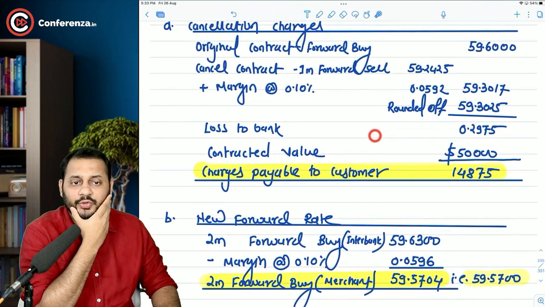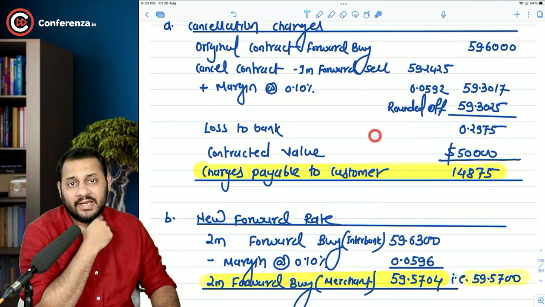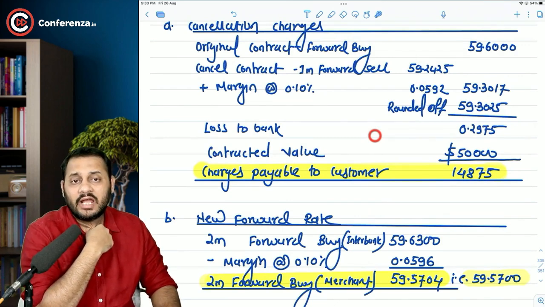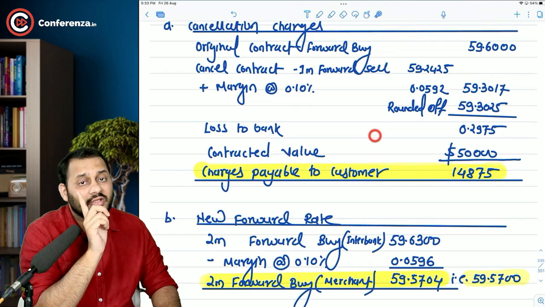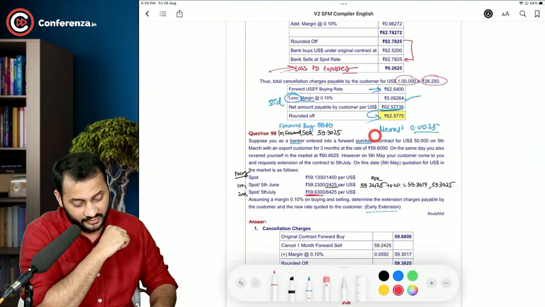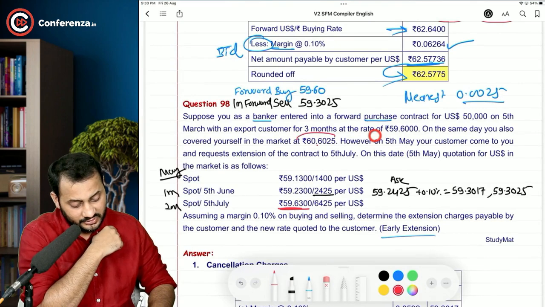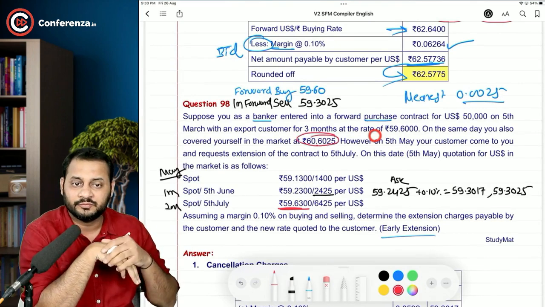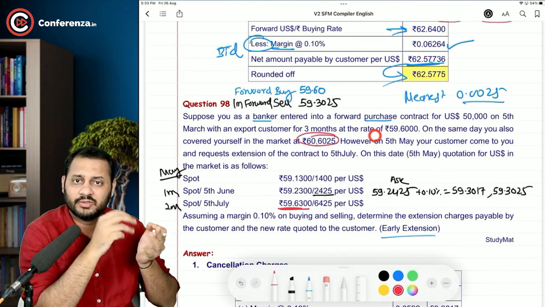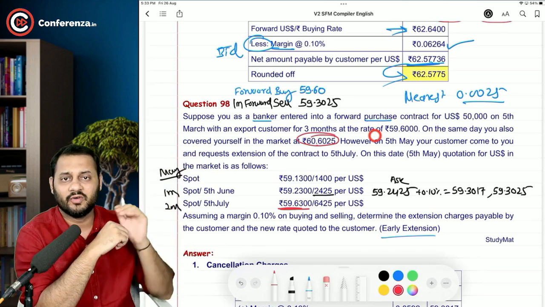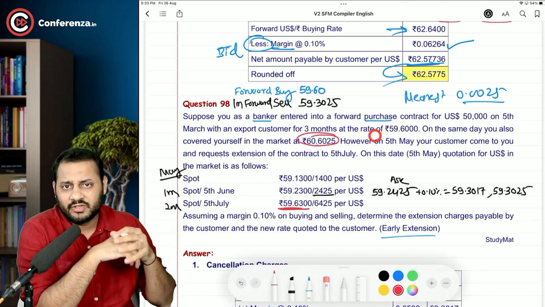Now I will show you what happened with the bank. From the bank's angle, what happened to that cover rate that the bank had entered into, that is 60.6025. You might ask this question because from the previous two questions we were ignoring this cover rate and there was no need to, that's why we ignored.